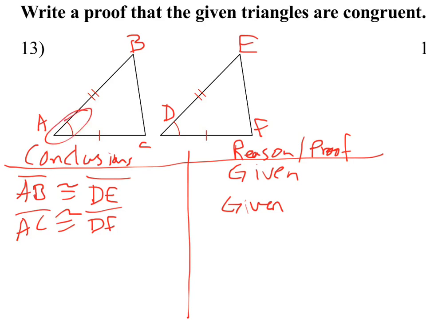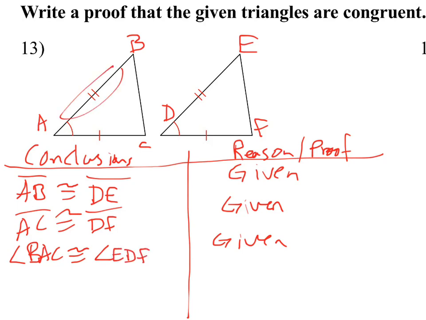And then I have these two angles match because of the little marking that's there. So my next reason is given as well. I know those angles match up. So angle BAC is congruent to angle EDF.